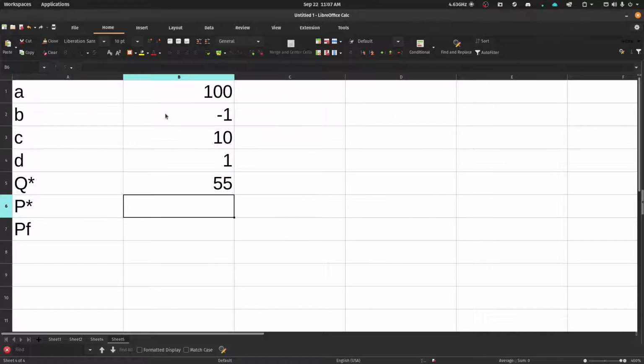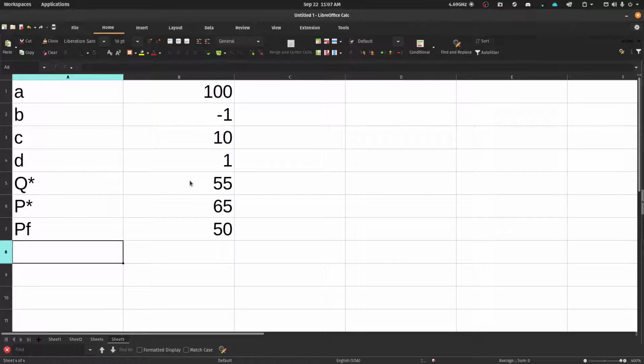There's Q star. P star, we can just plug into either supply or demand. So let's do the supply curve. That's C plus D times Q star. We've got price. So let's make a price floor of, let's say, 50.